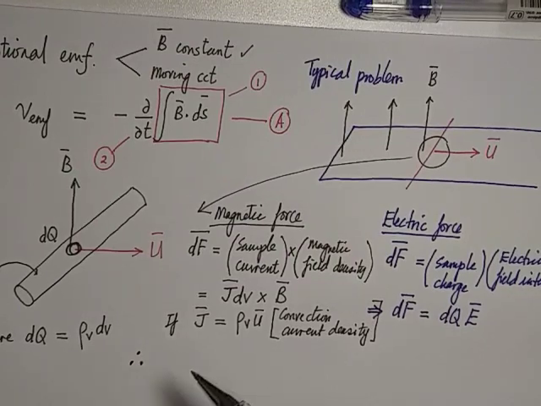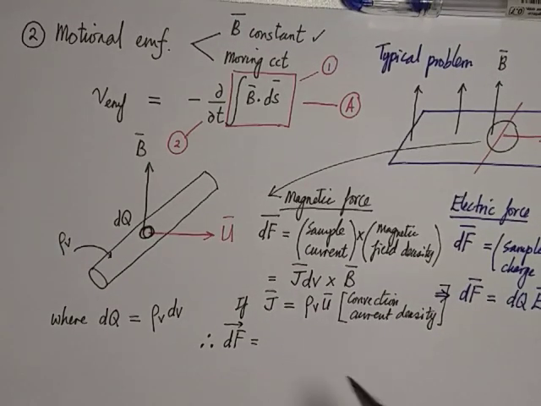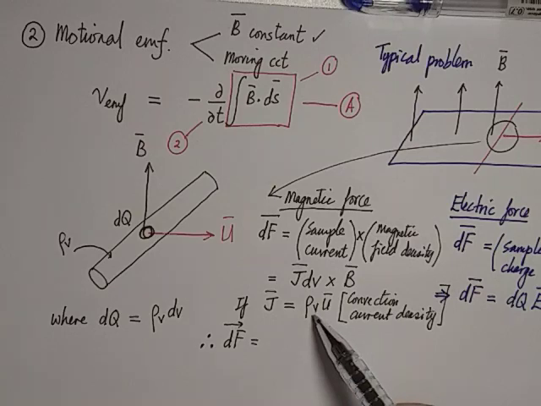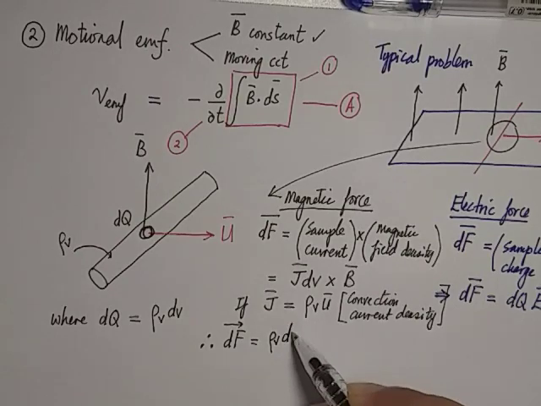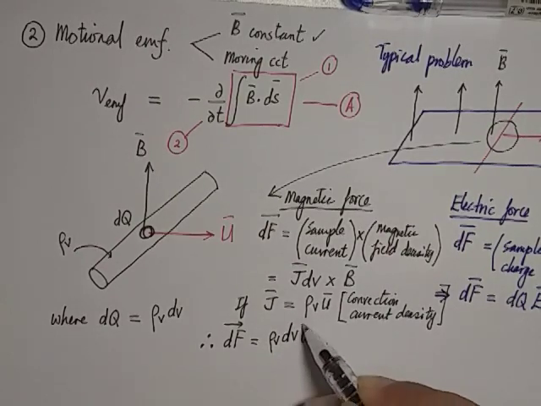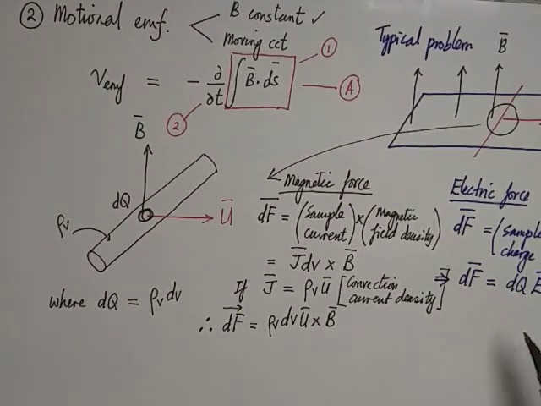Now what we're going to state, dF, I'm going to substitute J with this term. So what I'm going to have now is rho v dv u cross B. So what is our rho v dv?